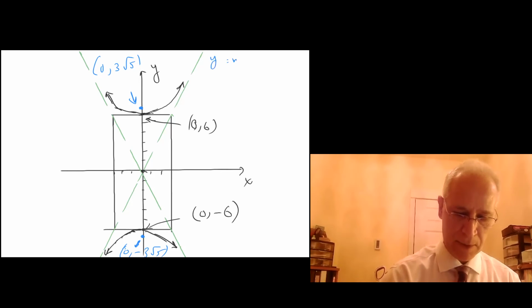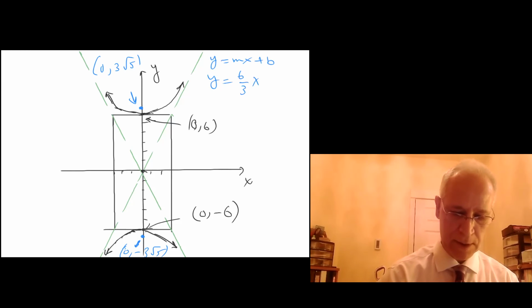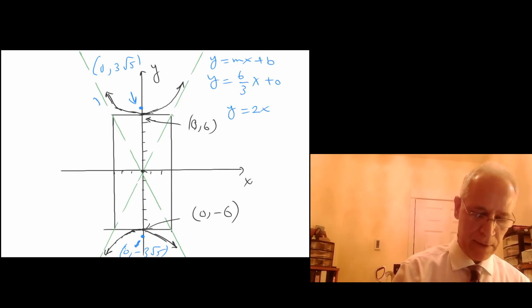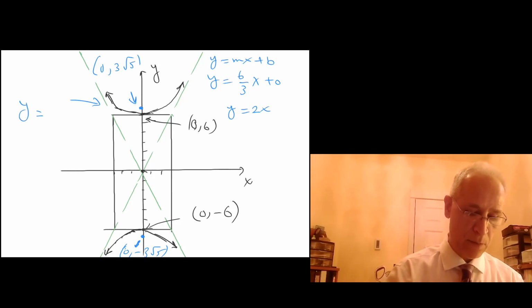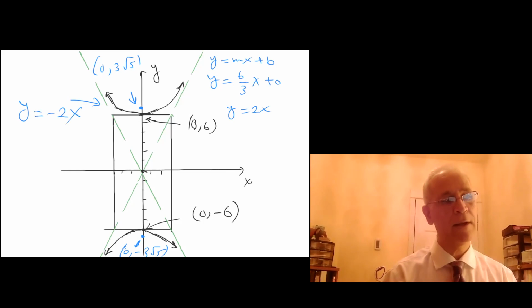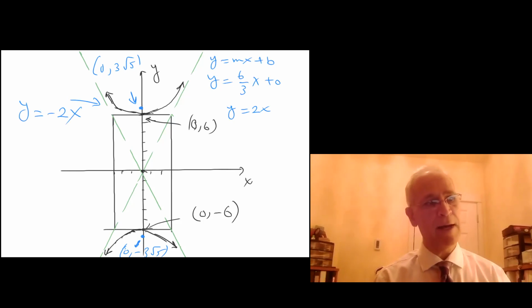So y equals, I went up 6 units and to the right 3 units, 2x plus 0, so y equals 2x. And this one right here is y equals minus 2x, since it's the same line except going downward.